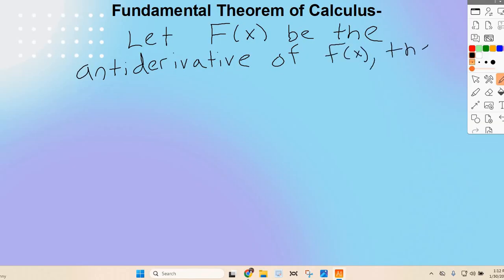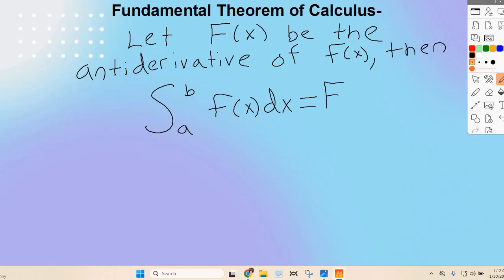Then if I have the integral from a to b of little f of x dx, what we can do is take our antiderivative, which we said was big F, and plug in b, the top bound, first, and then subtract off what we get when we plug in the bottom bound.